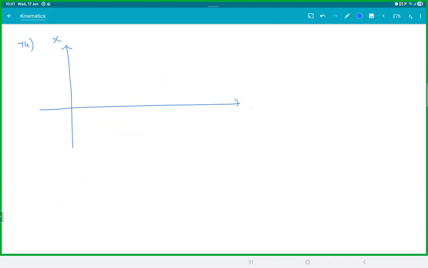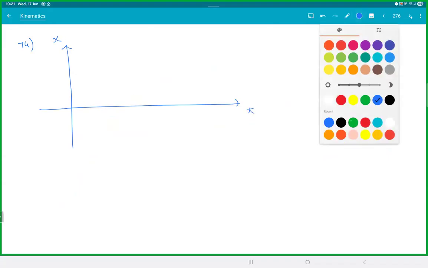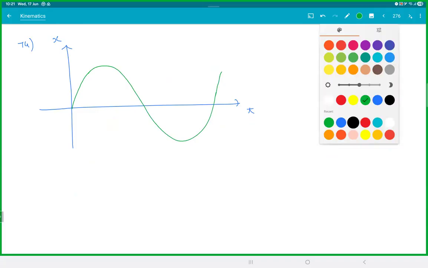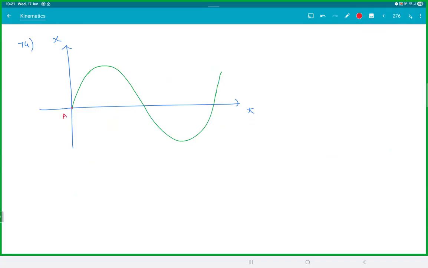XT graphs are one of the most neglected things. Like people feel like, oh, there's nothing inside. So we got a sine graph like this. A, B is the peak, C, D, and E. So there are 5 points there: A, B, B, C, C, D, and D, E. In which region particle is speeding up?